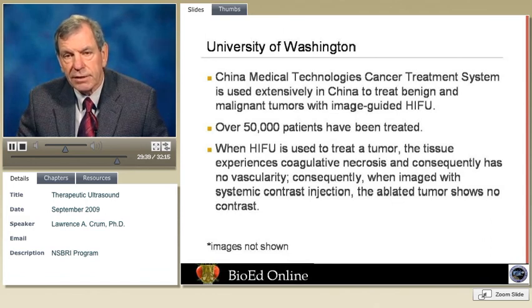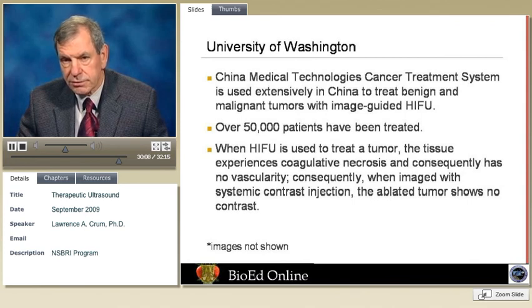Now, applying the high-intensity focused ultrasound, guided by the imaging ultrasound, we were able to ablate this tumor in a period of a few hours. And now in this next figure, which is a contrast CT, contrast MR, one can see that there is now no vascularity in the tumor itself. The entire tumor was destroyed.